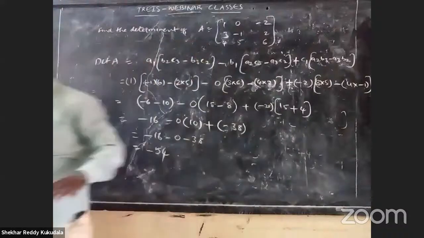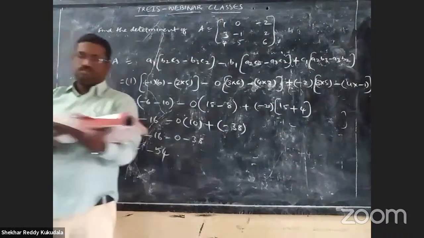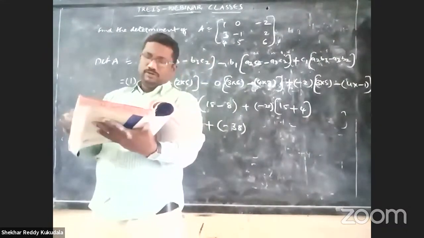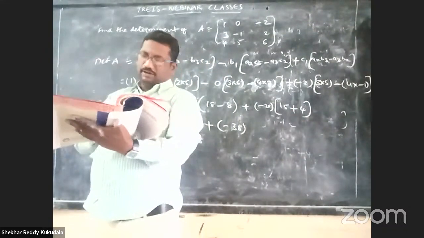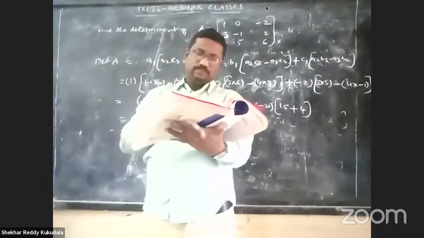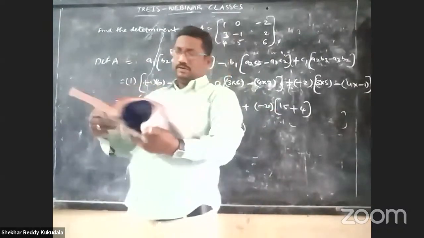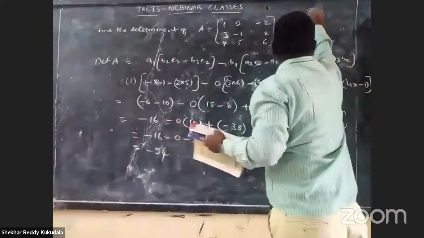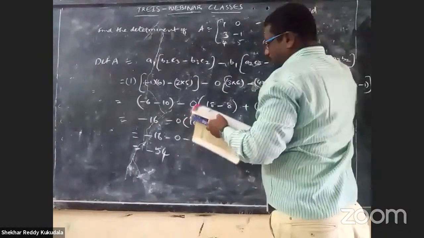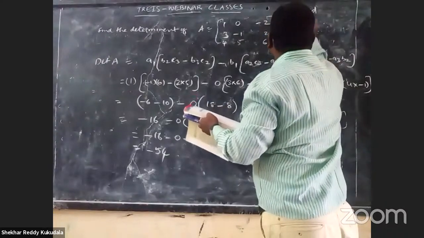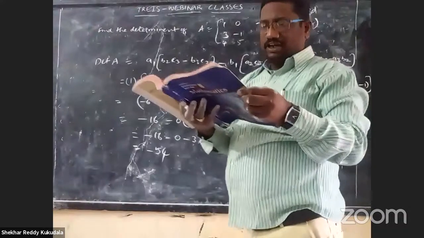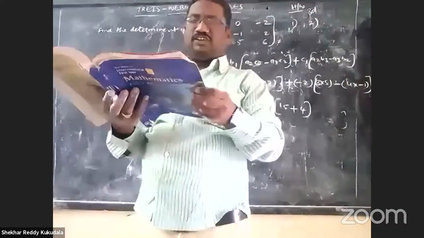Now I will give you the homework. I will not write the problems on the board; you need to take them from the textbook. Exercise 3D: first bit and second bit, finding the determinants only, 3 by 3 matrix determinants only.